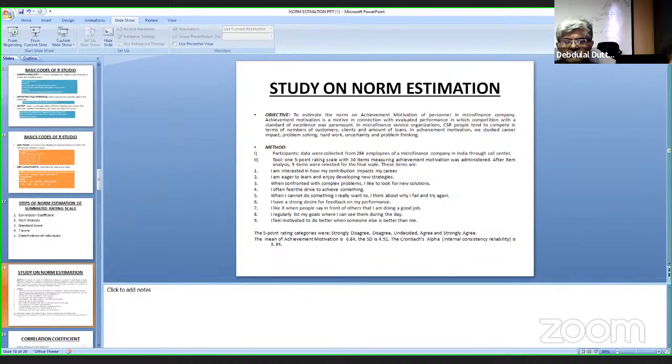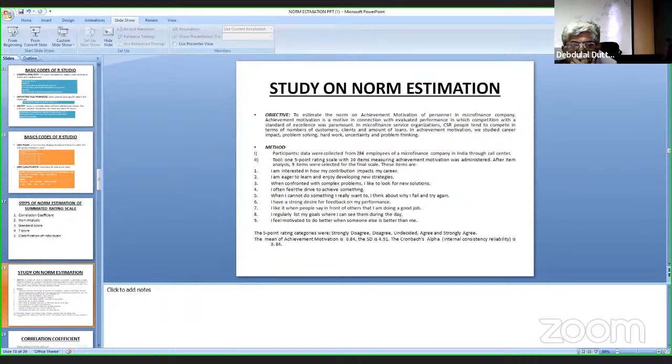In microfinance organizations, people tend to compete in terms of number of clients and amounts of loan. In achievement motivation, we studied career impact, problem solving, hard work, uncertainty, and problem thinking.